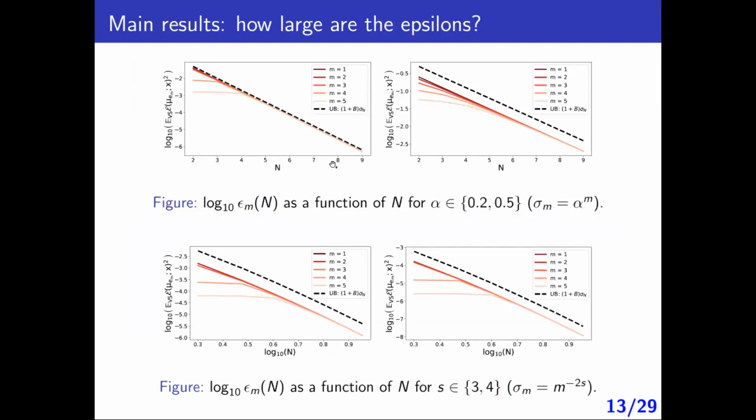We can see this phenomenon that the epsilon m are ordered, and they are upper bounded by 1 plus b times sigma n, or sigma n plus 1, for at least 2 different settings: if sigma m is geometric and when sigma m is polynomial. Okay, and the question is, under what condition can we prove such behavior of the epsilon m?